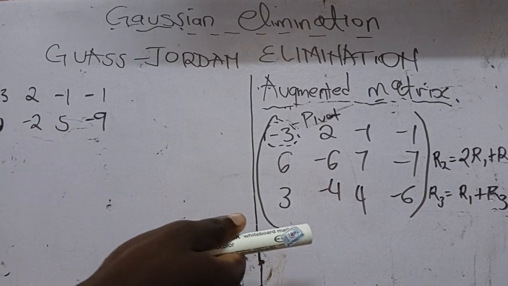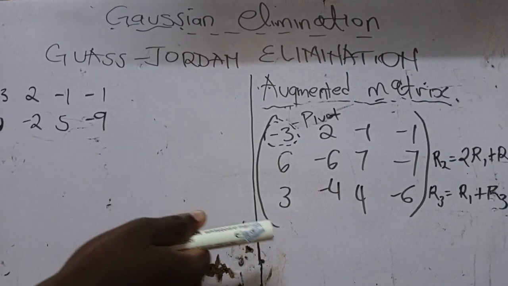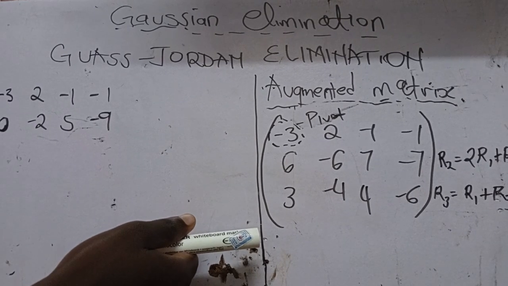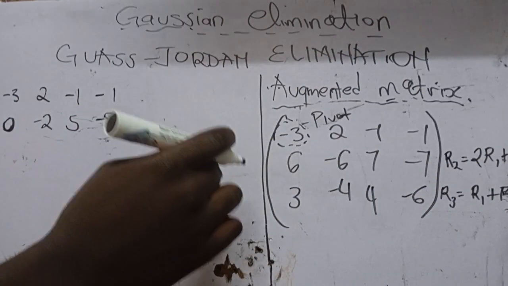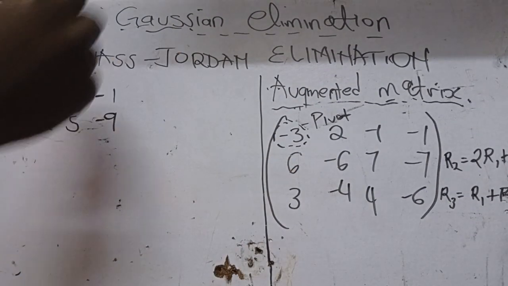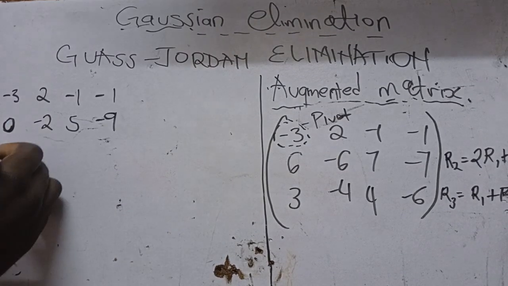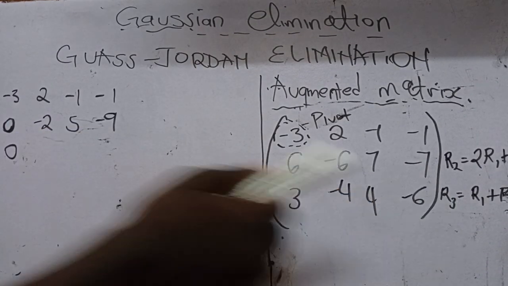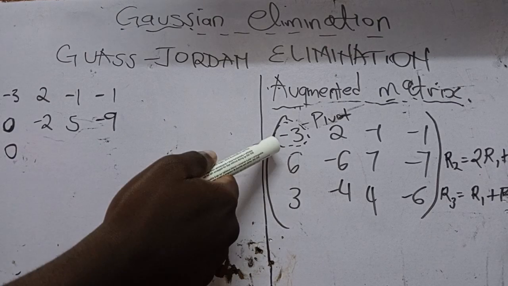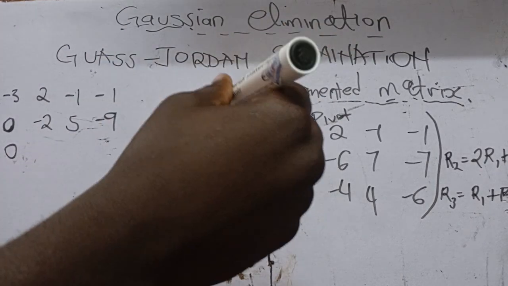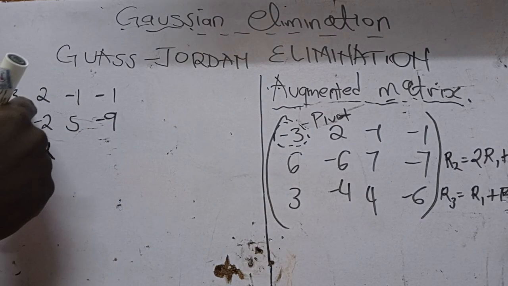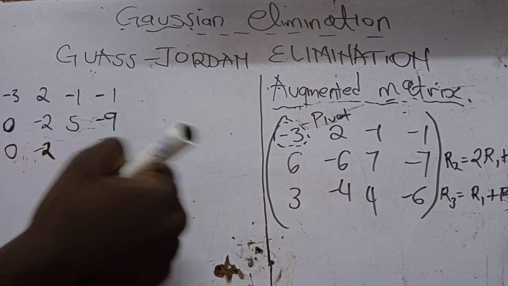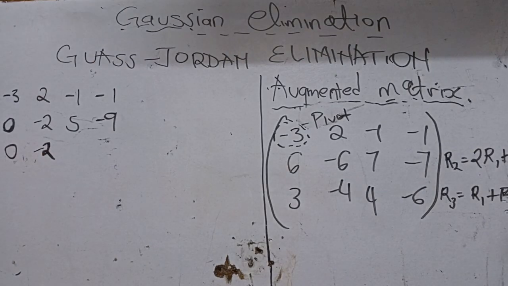Then this other one here will be 0. You see this R1 plus R3: negative 3 plus 3 is 0. Then you remain with 2, 2 plus negative 4, that is negative 2.